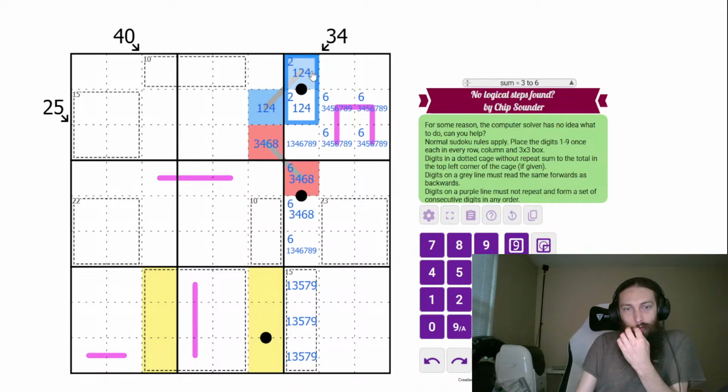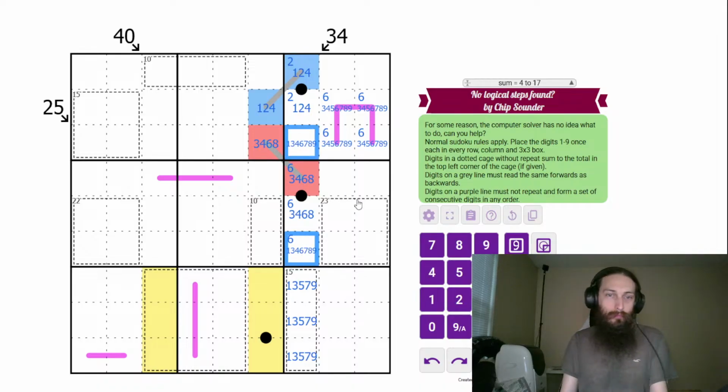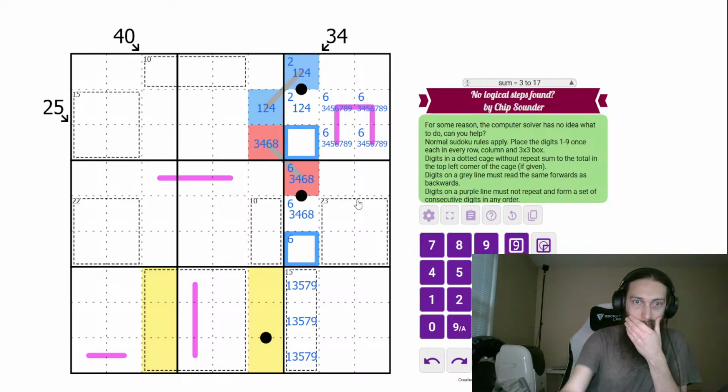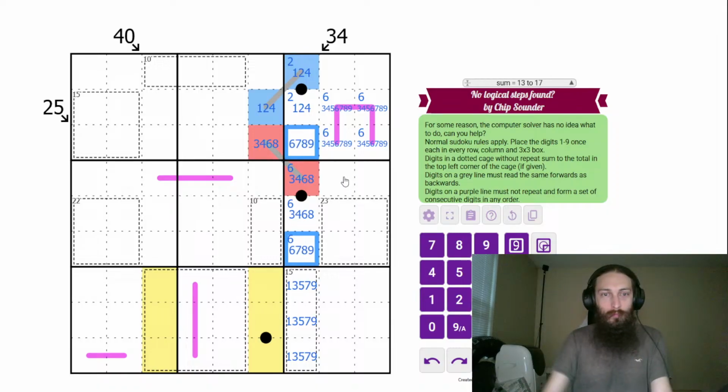So that's an 8. Then that would be 8, 9 left over. If it's 4, 8, then that's 1, 2. Then we have 3, 5, 7. So it's 6 and 9. So it's either 6, 8 or 7, 6, 7, 8, 9.